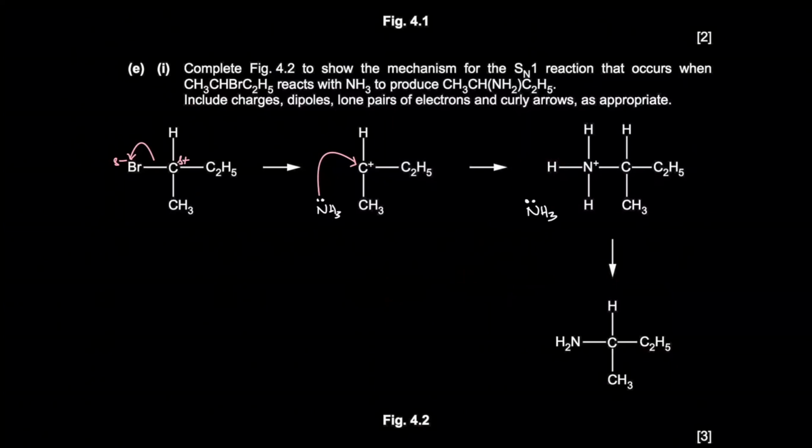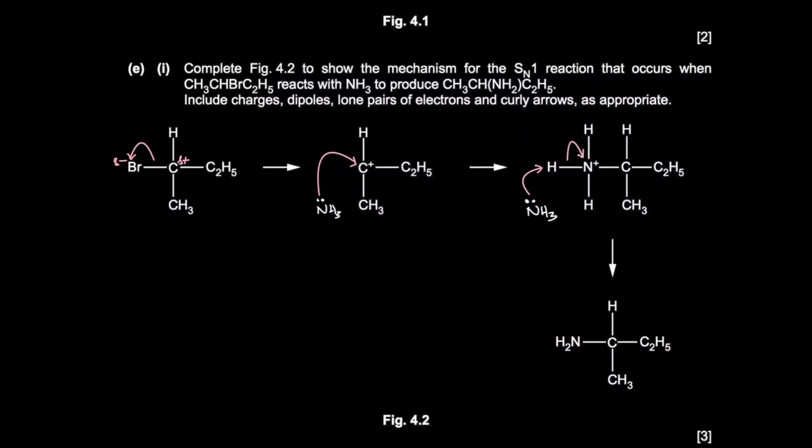The ammonia takes the hydrogen. Why do we know? We know that there's a loss of hydrogen because we have an NH2 here and an NH3 over here, which means that one of the hydrogens is being taken away. That would be the ammonia that takes away the hydrogen, and this bond breaks. As I said, the exams are inconsistent with this.